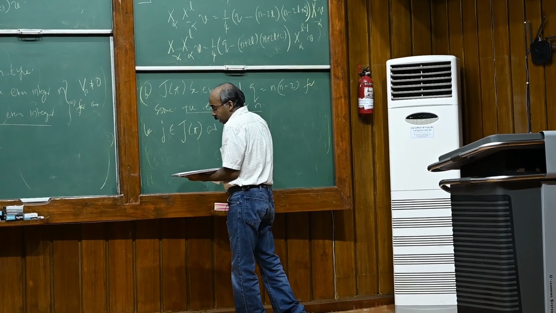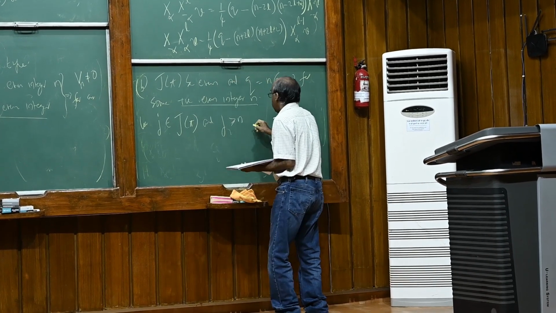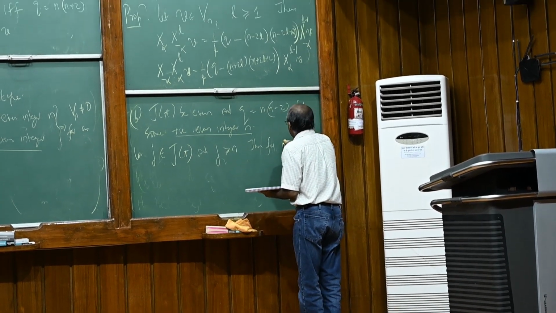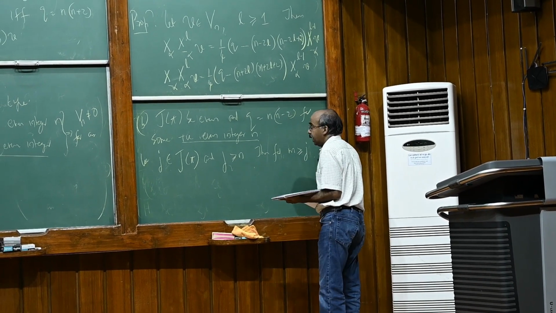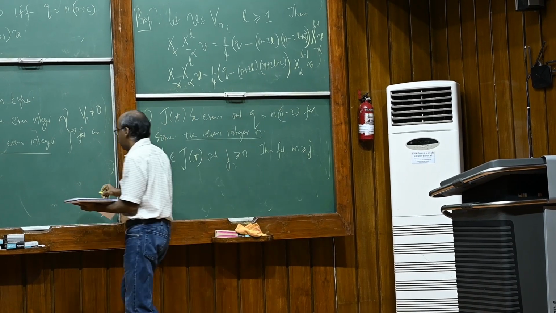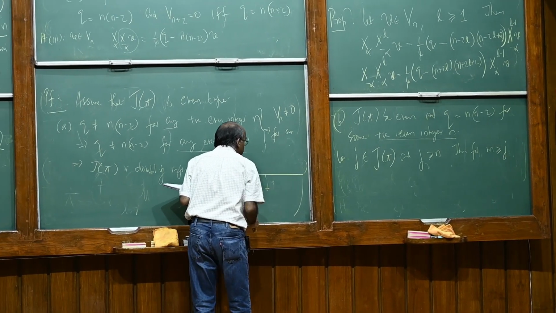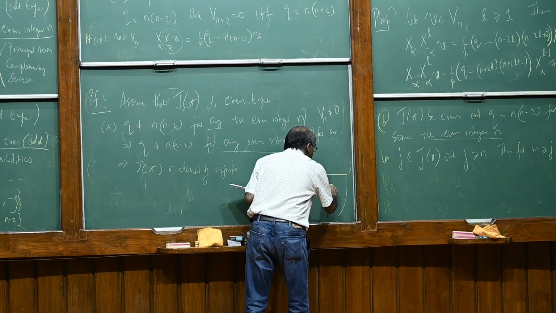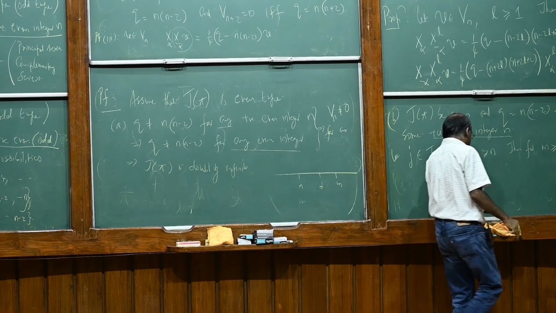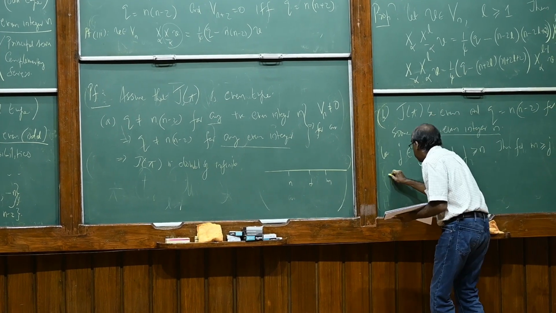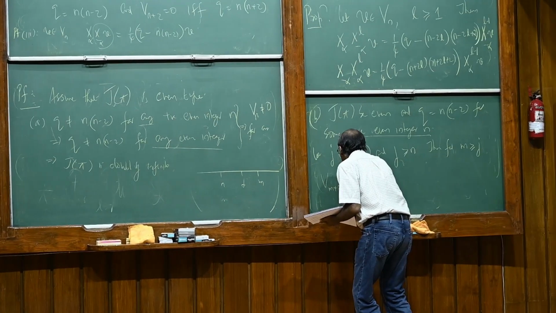Okay. So then, for any m greater than or equal to j, right? So I think it's better to draw these pictures. So I have m here, I have j here, and for any m greater than j, V m plus 2 cannot be 0.